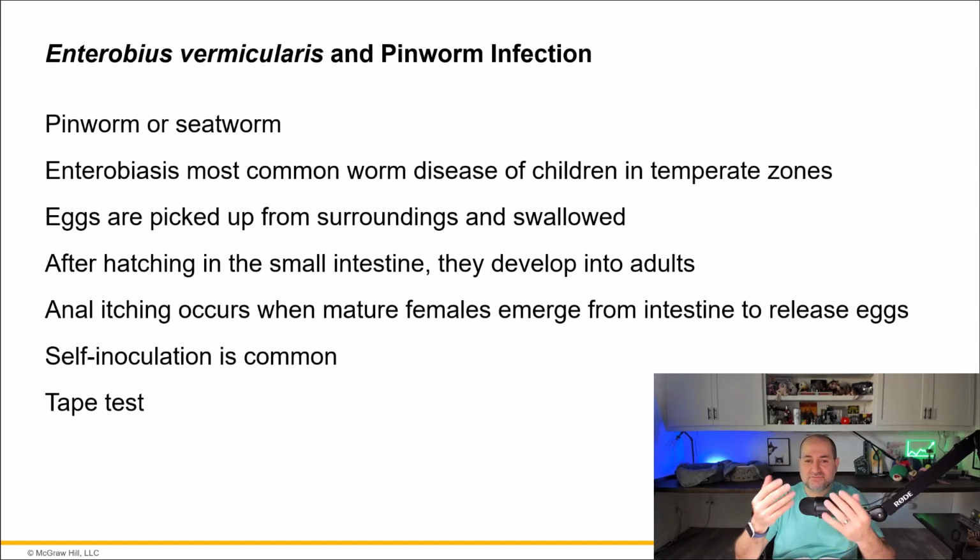So let's say they have fecal contamination on their hands, they've got these eggs on their hands, they can then touch other objects with which other children touch, and so daycares are usually big incubators for spread of pinworm disease.